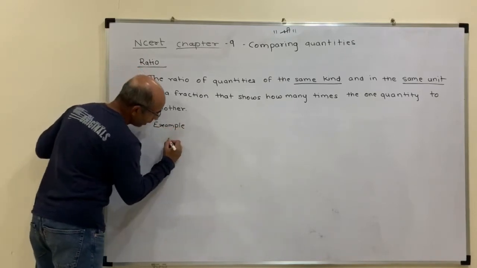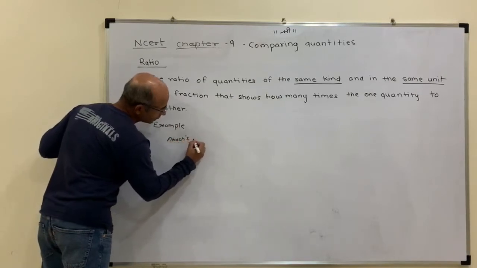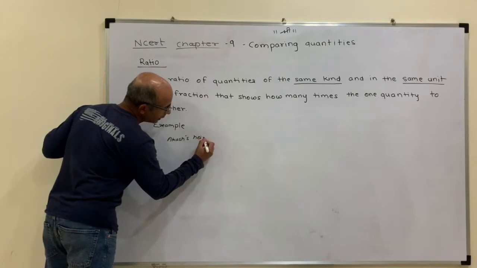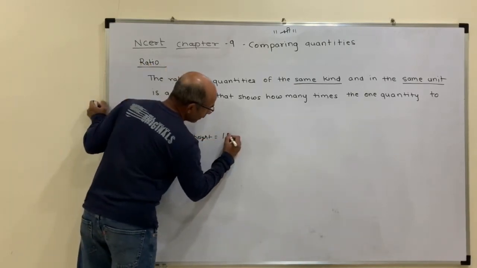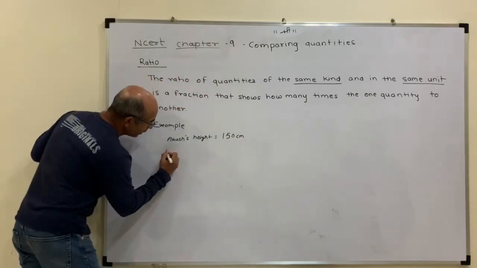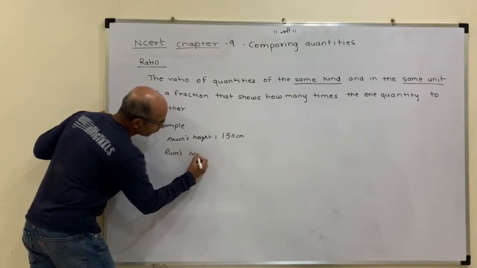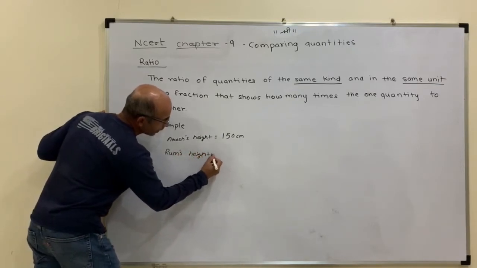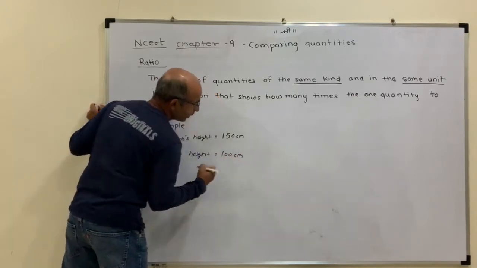Let's understand this with an example. Say Akash's height is 150 centimeters, while Ruma's height is 100 centimeters.